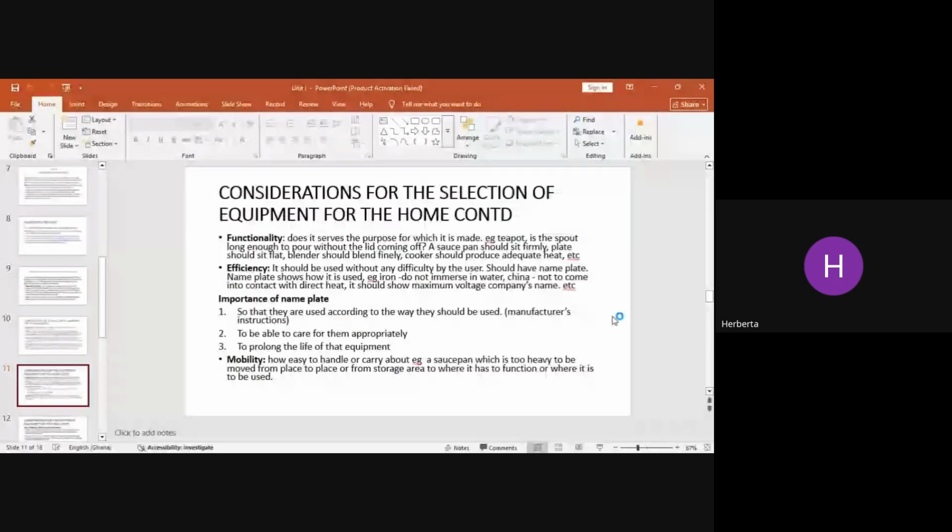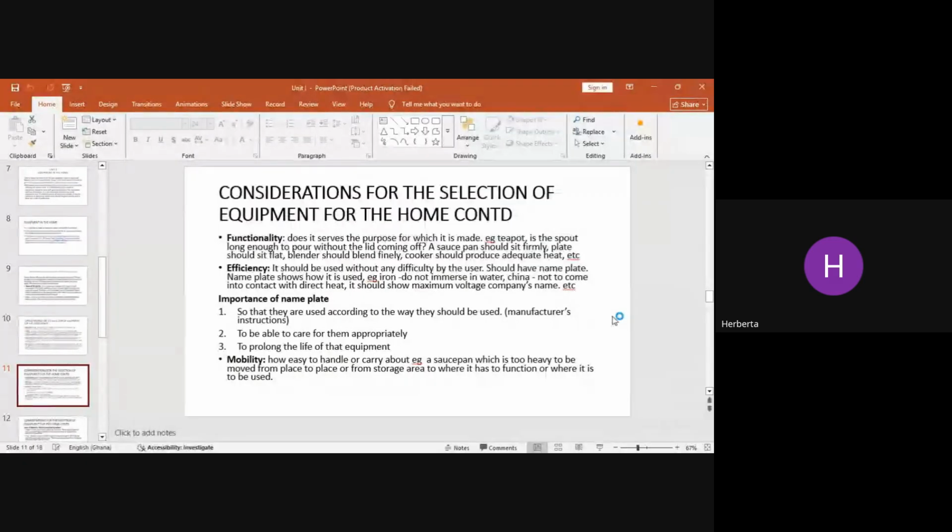Then, most of the items, especially metal items, have nameplates. So this nameplate has some importance attached to it. It teaches you how to use the product, how to care for the product so that it can last long for you.